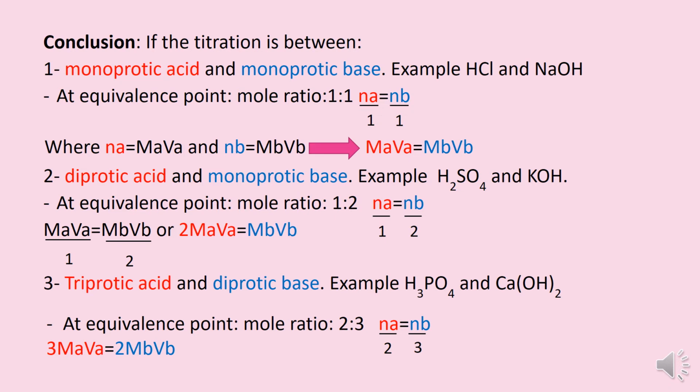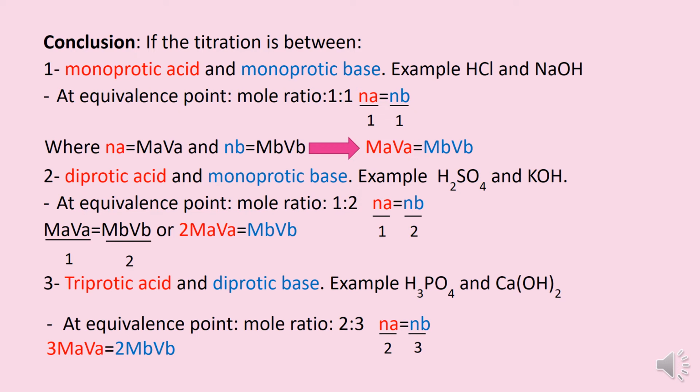Now, as you know, the number of moles of the solute of an acid is equal to the molarity of the acidic solution times the volume of the acidic solution. Similarly, the number of moles of the solute NaOH, the base, is equal to the molarity of the basic solution times the volume of this basic solution.